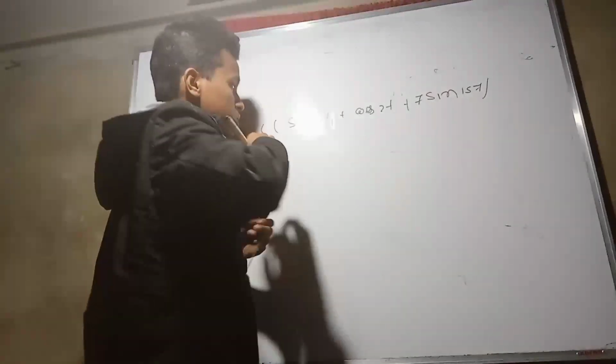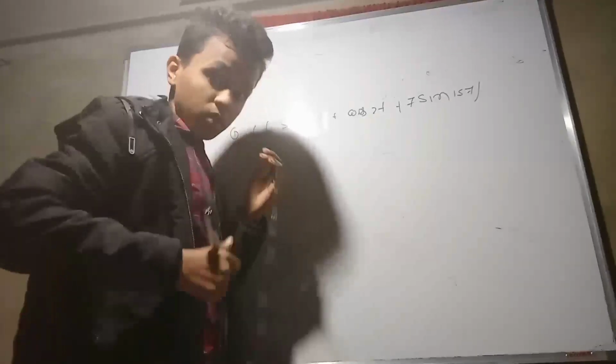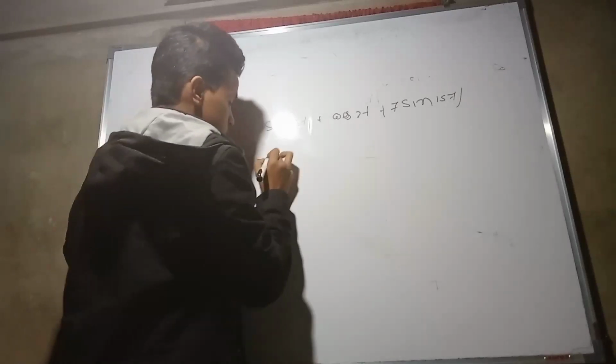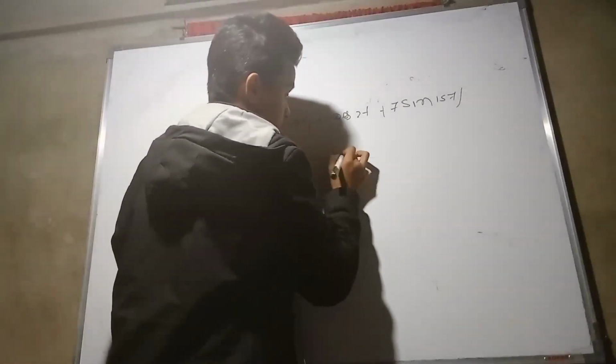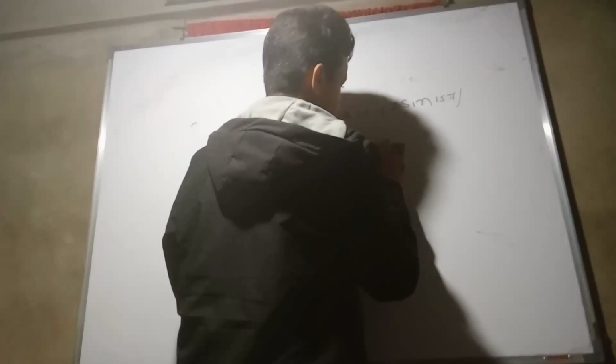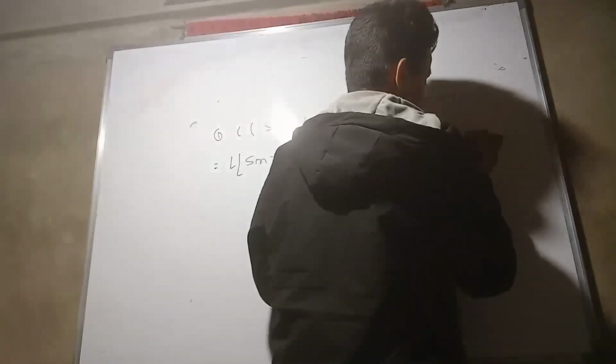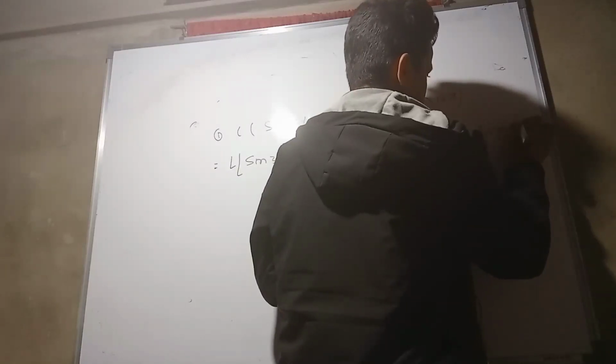Okay, so what do we get? By using the linear property, Laplace transform of sin 3t plus Laplace transform of cos 2t, and minus 7 will be outside, Laplace transform of sin 15t.